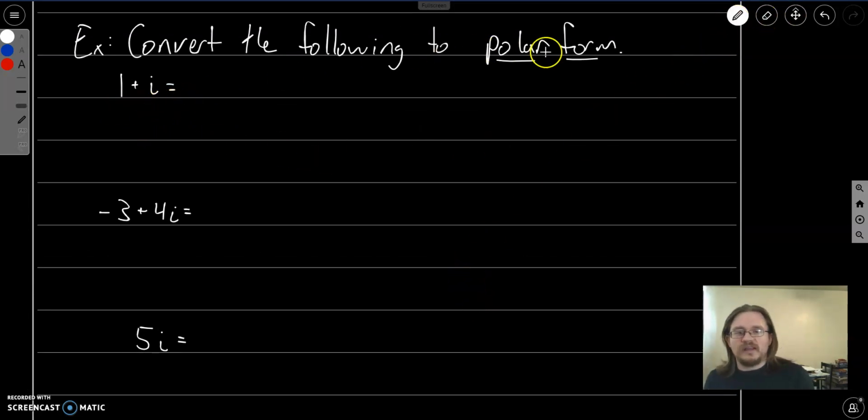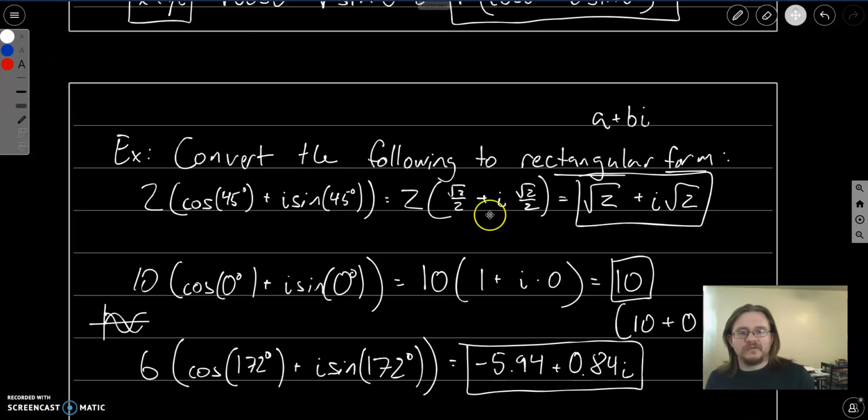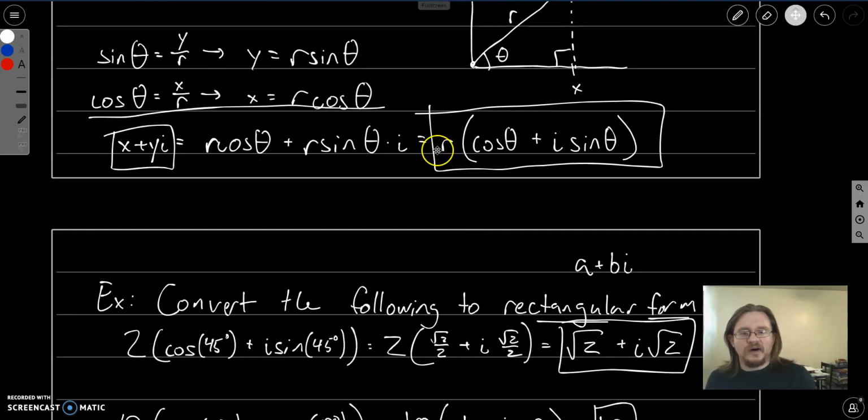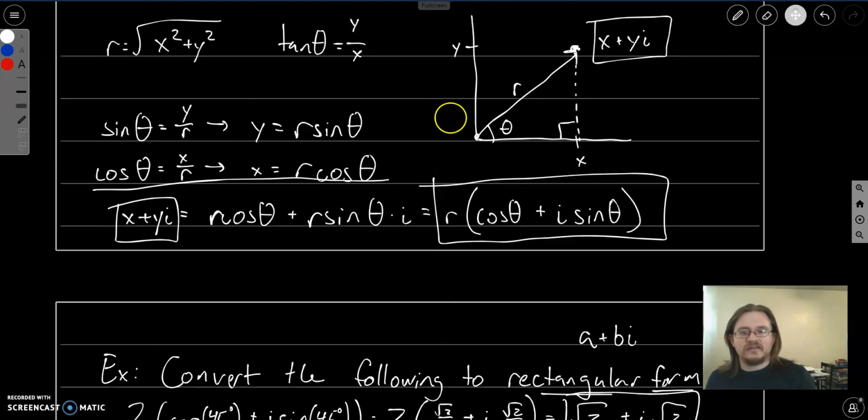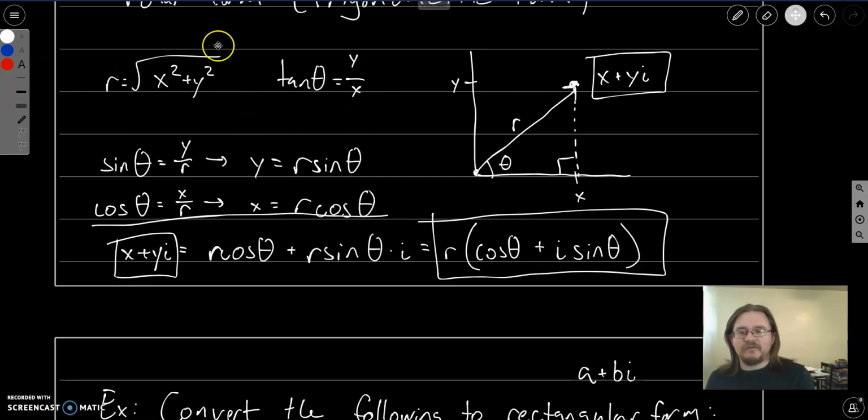So what we need in the formula for polar form, I need to know r and I need to know theta, which I have my formulas for right here. r is just going to be the square root of x squared plus y squared, and theta, I'll have to solve for that in terms of the tangent.